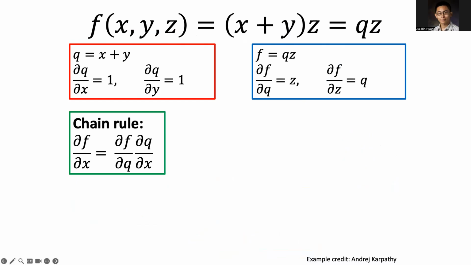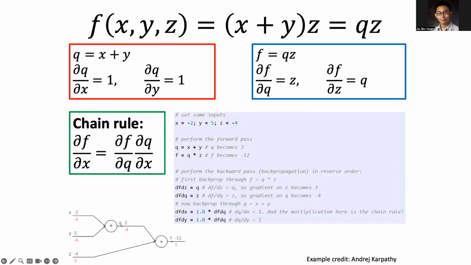The key idea is backpropagation, which uses the chain rule. If you have combined computations, like x plus y times z equals q times z, then you know for each computation the gradient between the input and output. This is x plus y, and you have the local gradients here and here.